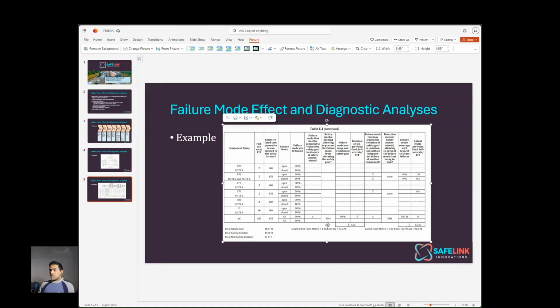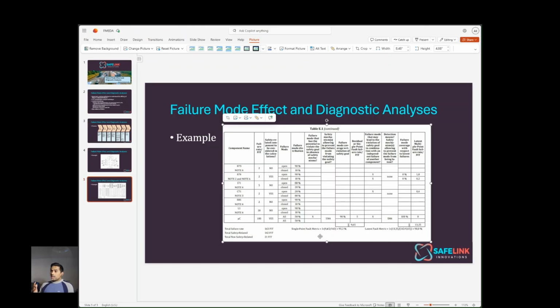Now, at the end of all this, we have to find out the single point failure metric, and there's a formula for this. It's 1 minus the residual fault divided by the total safety related fault. What the single point failure metric signifies is, if there is a failure, what percentage of the failure is safe, either safe by design or detected by a safety mechanism.